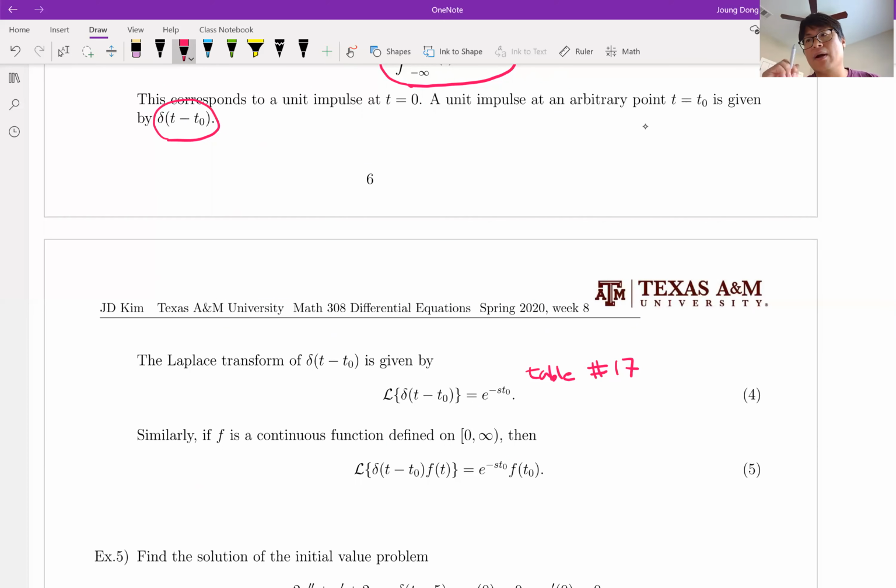It is a little bit complicated, so if you are interested, you can ask me, or you can just read the textbook. Everything's there. You're more than welcome to come to me to discuss this, and I can explain it. But in this video, we're going to skip that part. Keep that in mind: you have to know the Laplace transform of the Dirac delta function. I'm not going to ask you to derive it, but you have to practice how to use it. It is in table number 17.